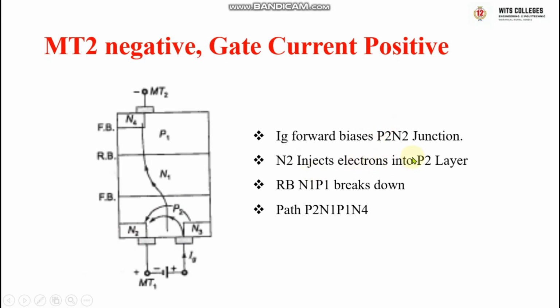N2 injects electrons into the P2 layer, then breakdown occurs. N1 P1 is reverse biased, and the conducting path is from the positive terminal to the negative terminal. So P2 N1 P1 N4, current flows from gate to N4.